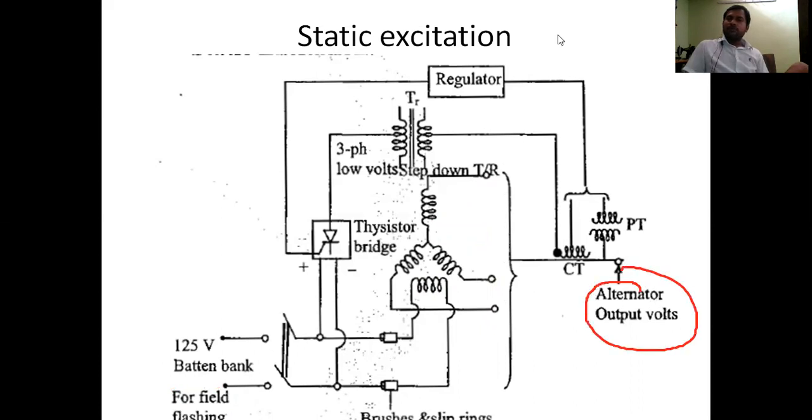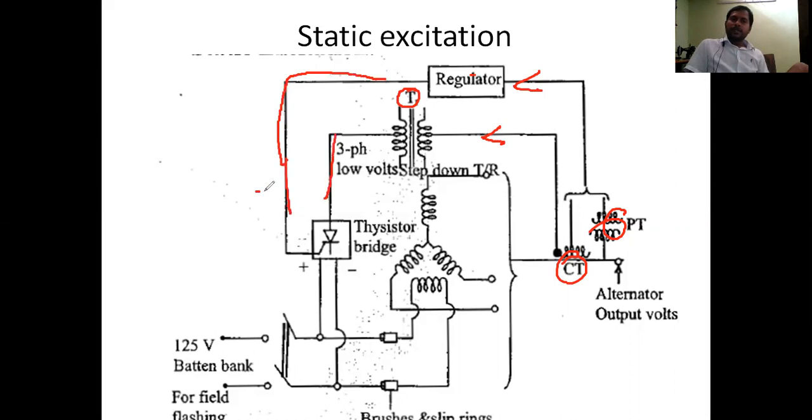From this output, with PTs and CTs, we can measure the voltage, or step down the voltage, and the PT's voltage can be regulated by using the regulator. The CT's current will be controlled by using the step down or step up transformer here. With CTs and PTs, we maintain constant voltage and constant current. Constant voltage is by PTs, constant current is by CTs.